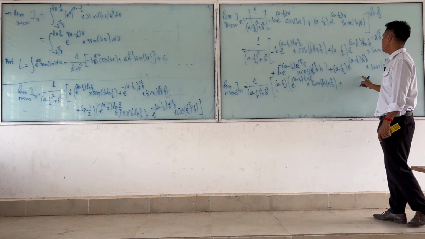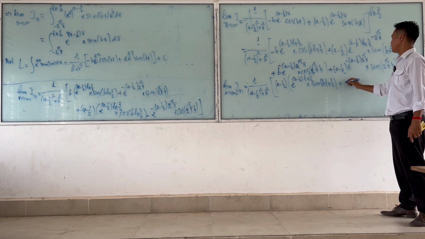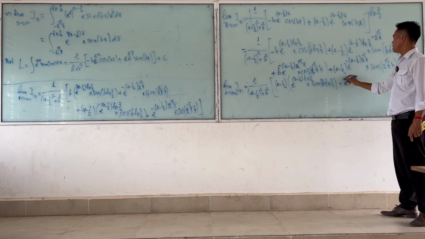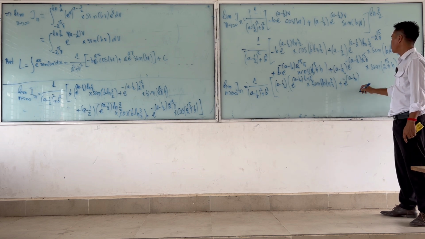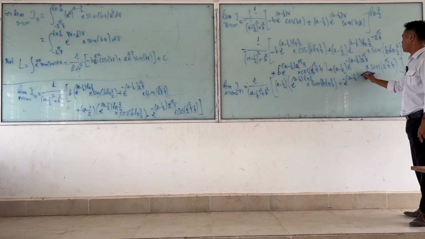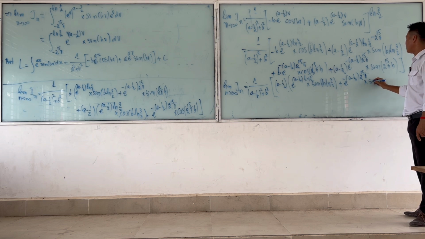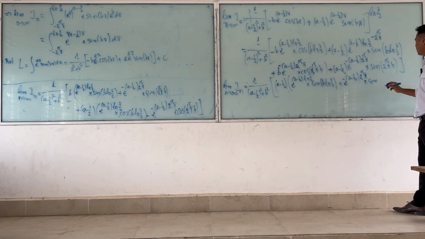And plus here e to the power negative (a minus 1 over 2) 2 to the power 15 pi multiplied by sine of 2 to the power 15 pi b.